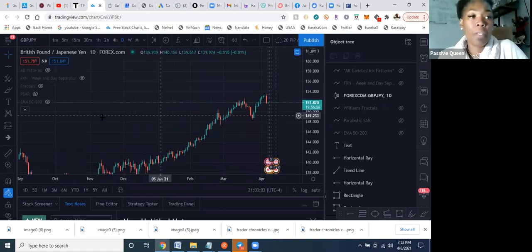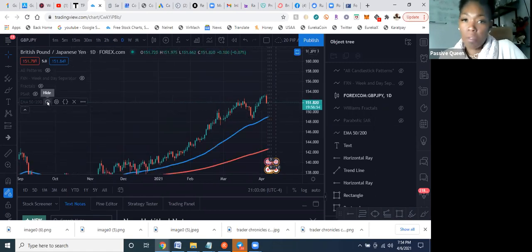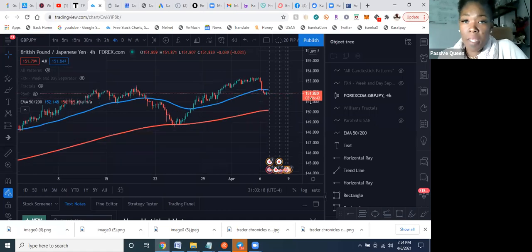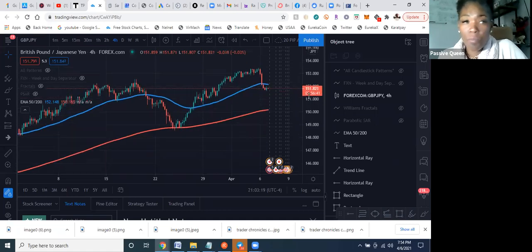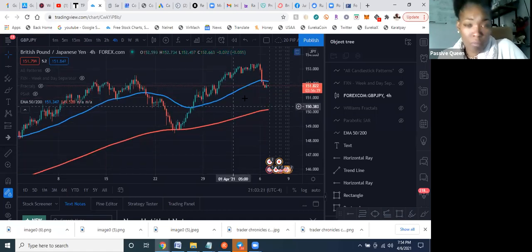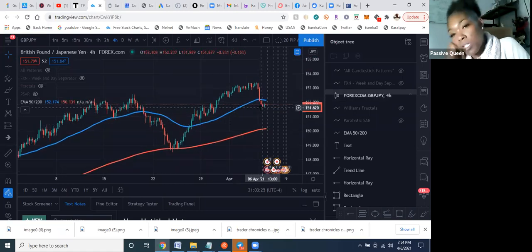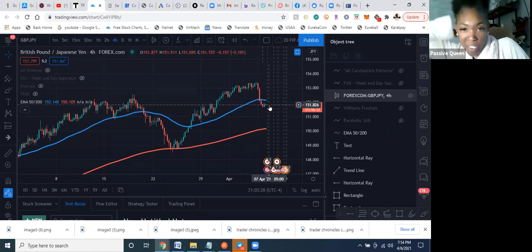I need to put on a 50 moving average right quick. Okay. Daily, she's on the uptrend, y'all. 4 hour. She's respecting this 50. 4 hour. She came down. This can literally be a retest.